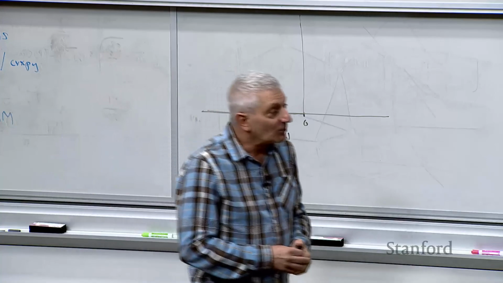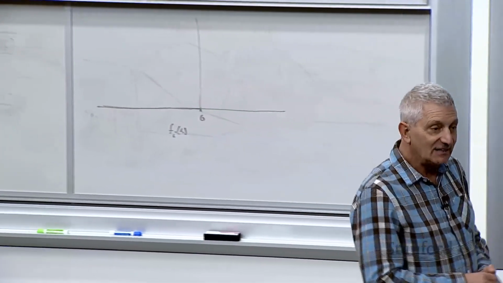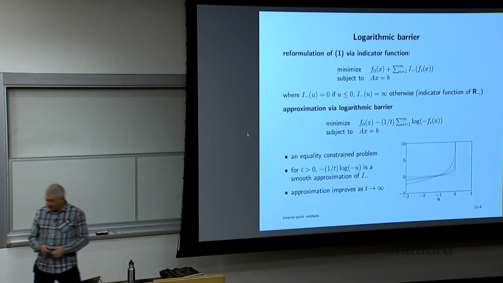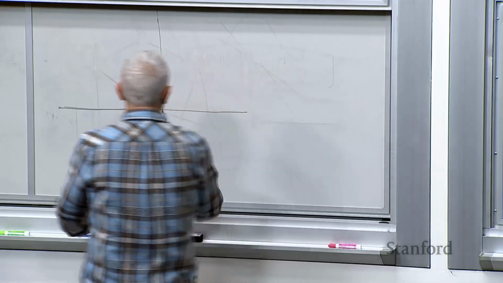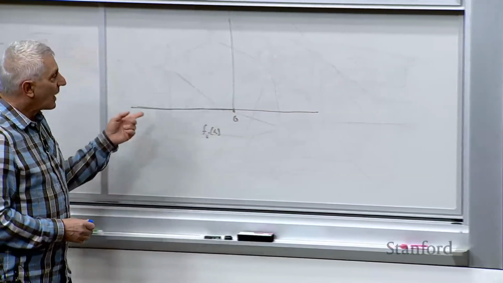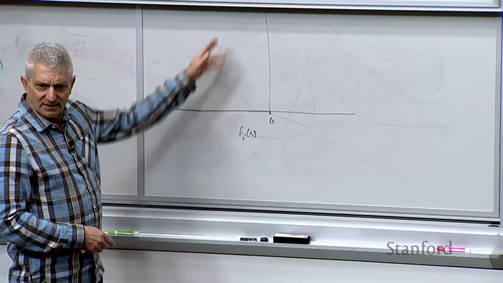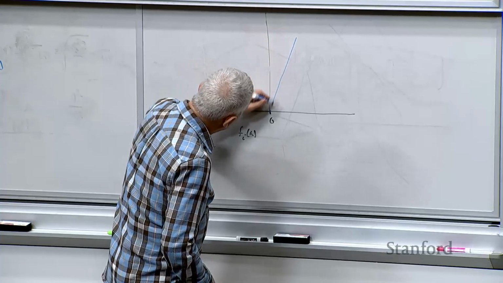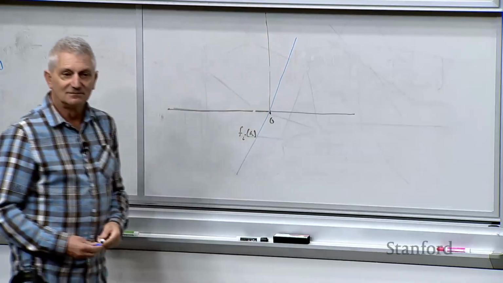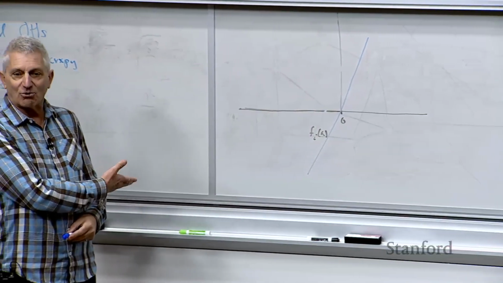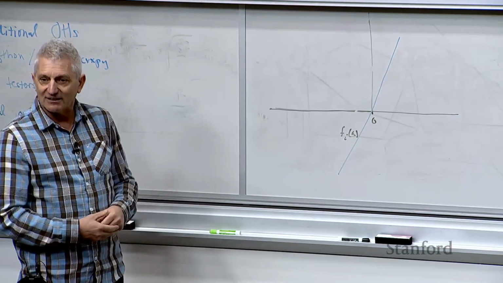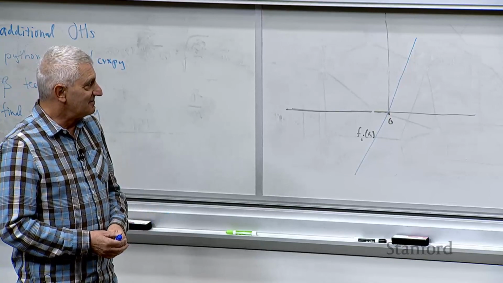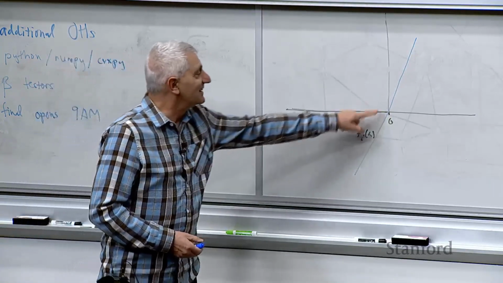What we're going to do here is the exact same story as Lagrangian duality. I don't know if you remember, but the story started this way, and then someone said, I'm going to approximate this function. And you go, yeah, go ahead, please. And they say, here's my approximation. This is the beginning of the story of Lagrangian duality, to which a normal person would say, this is not a particularly good approximation.